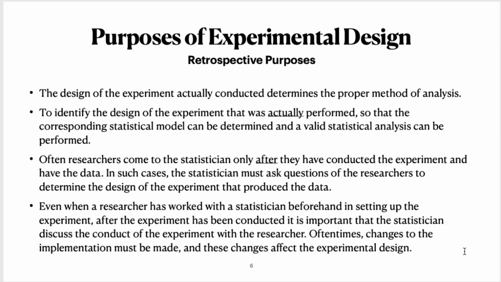All right, this is the reason why we look at all these different experimental designs, because the experimental design that was used in an experiment, whatever it happens to be, determines the appropriate method of analysis. And so that is why it's so important that whoever is analyzing the data, whether it's a consulting statistician or the researcher themselves, they need to be very clear on what the actual experimental design is.